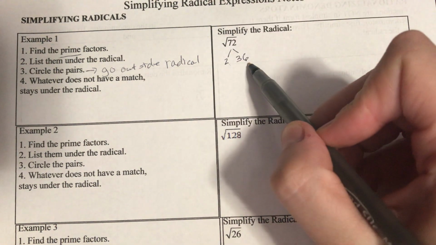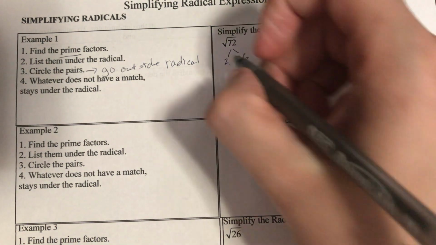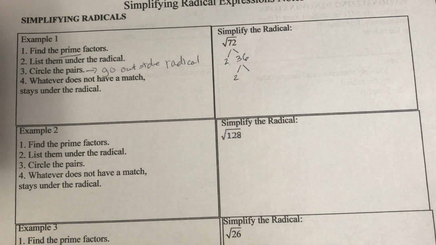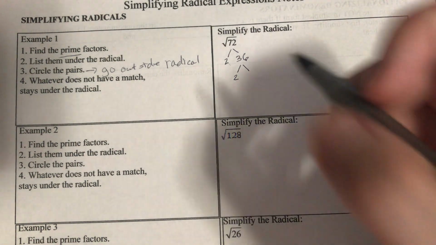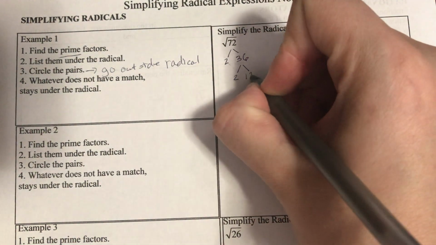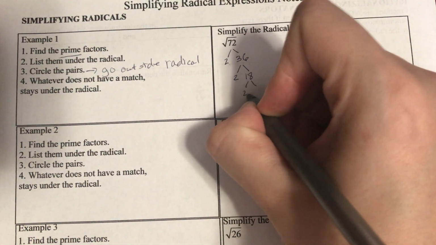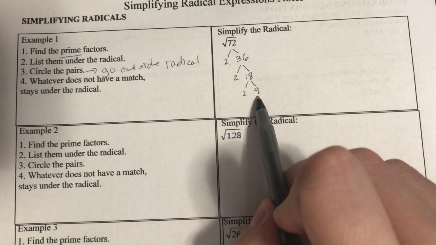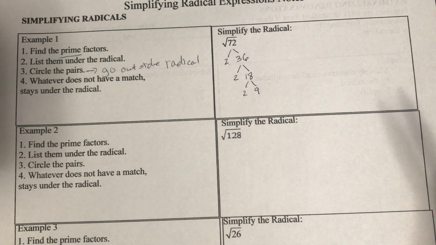Then I can see this is an even number, so I'm going to keep dividing by 2. You keep dividing by the smallest prime number until you can't anymore, until you get decimals. So this is 2 and 18. This is 2 and 9. Can I divide 9 by 2 and not get a decimal?